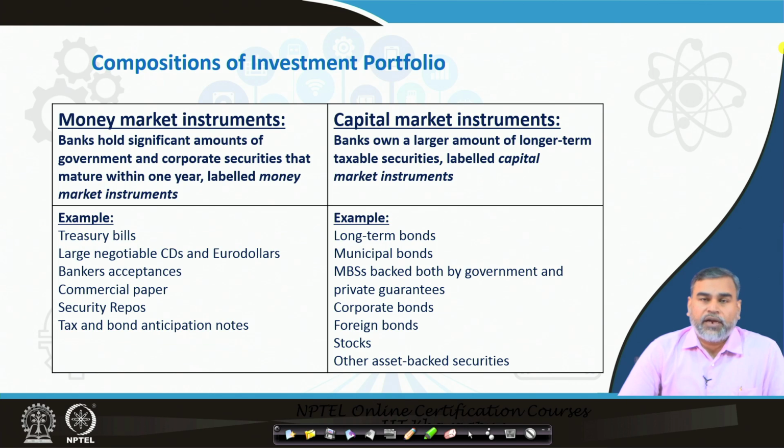So, in terms of money market instruments, we have treasury bills, certificates of deposit, commercial papers, bankers acceptance, and other kinds of small notes which are issued, like bank notes. But whenever we talk about the capital market instruments, we have long term bonds, municipal bonds, some of the bonds which are backed by the government and private guarantees, corporate bonds, foreign bonds, stocks, and some other asset backed securities like CBOs, CDOs and all these things.